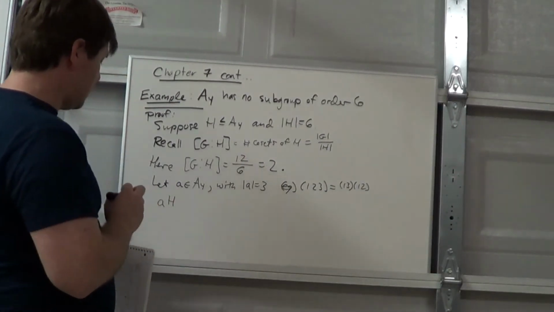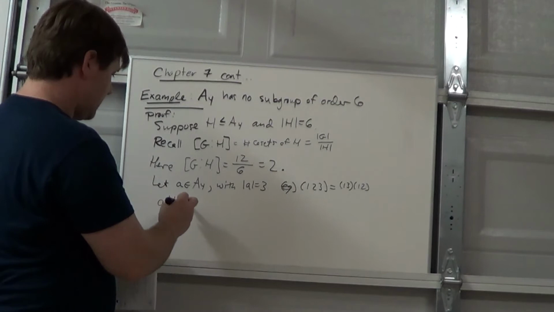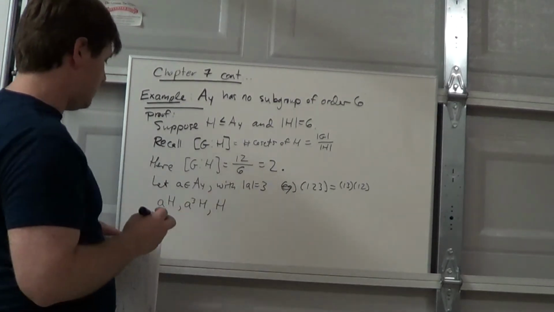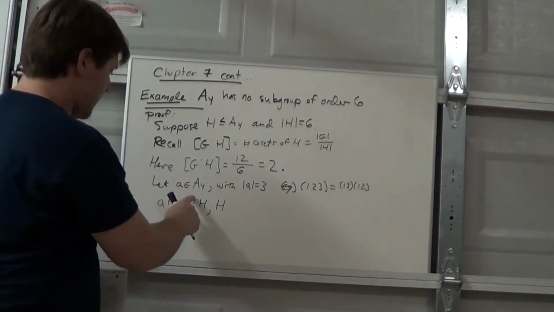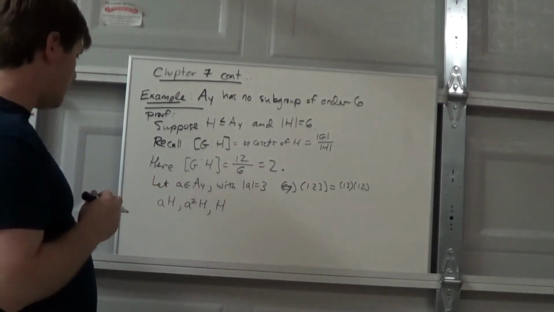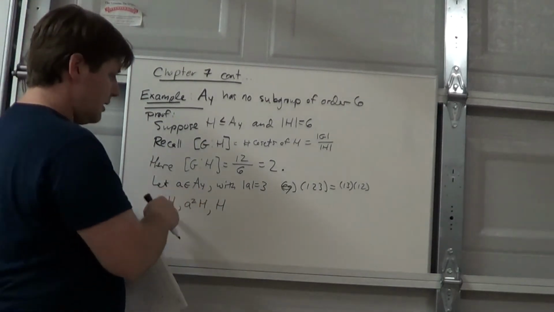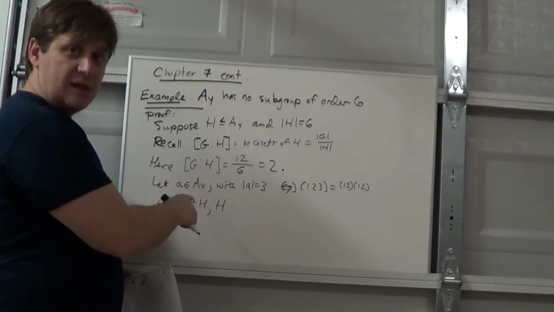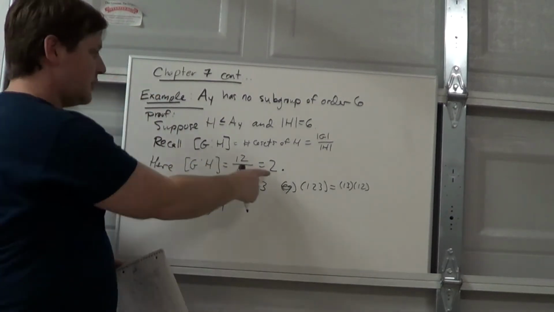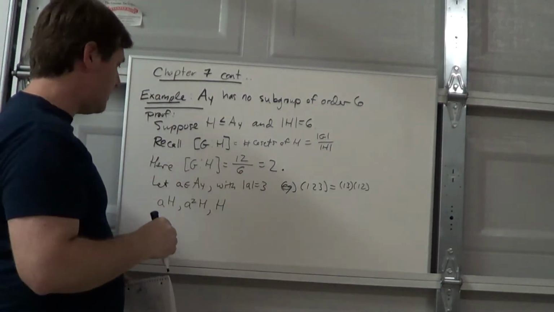See what that coset is, and then A squared H, and then H. All right. So those can't all be different cosets, because there can only be 2 cosets, right?